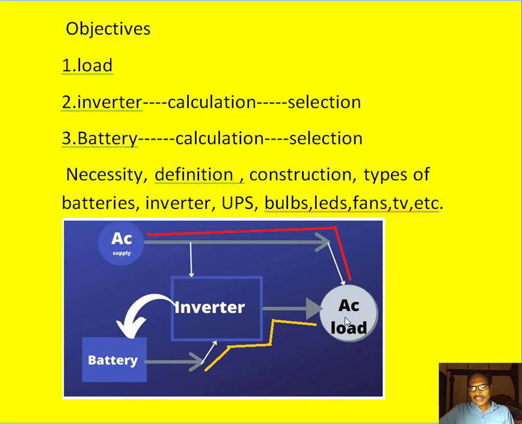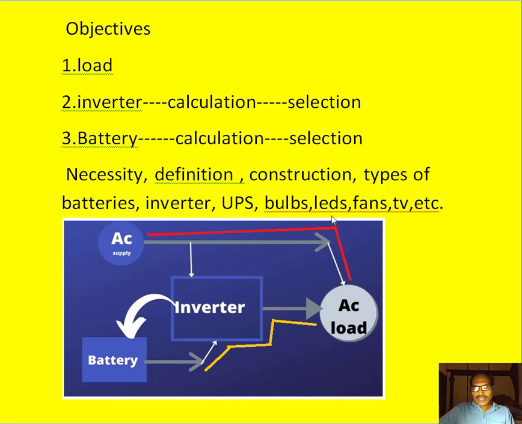But there is a limit for the time. If we have a 3 hours backup inverter, it will give 3 hours of power supply to these AC loads. After that, it also fails to supply AC power. Normally by the time 3 hours are over, the power supply will be resumed, so we don't need the inverter output to the AC loads.